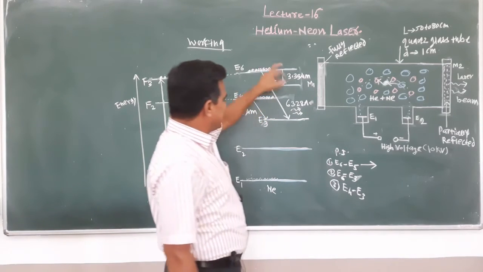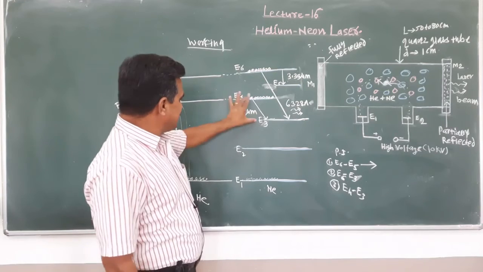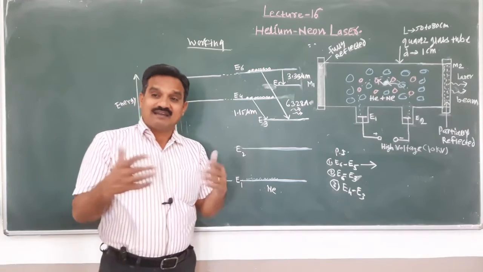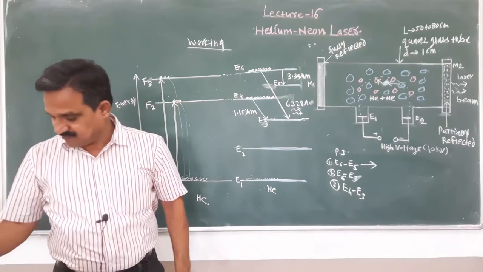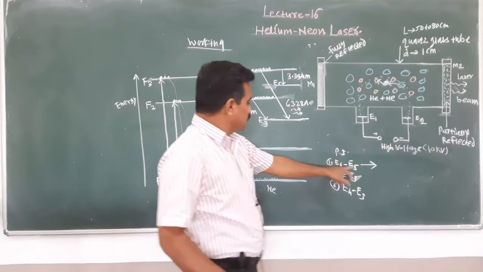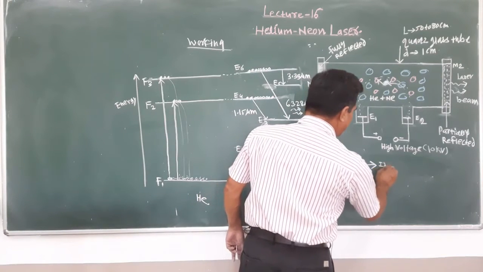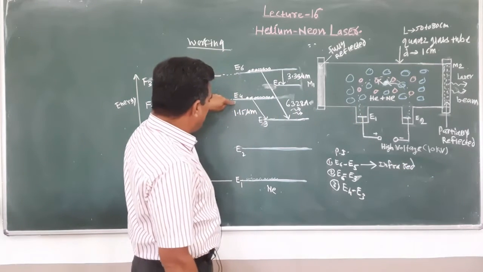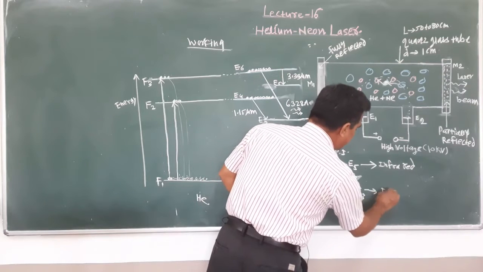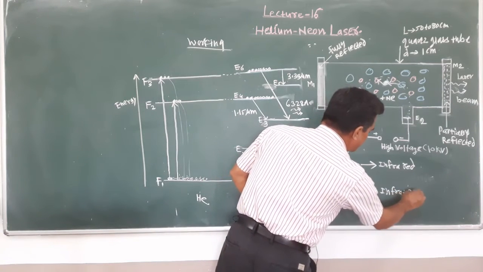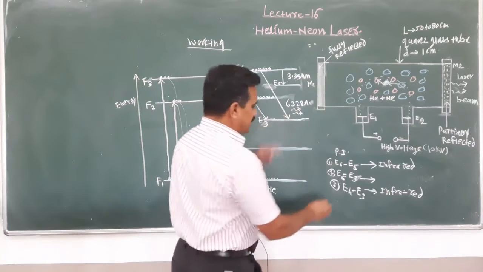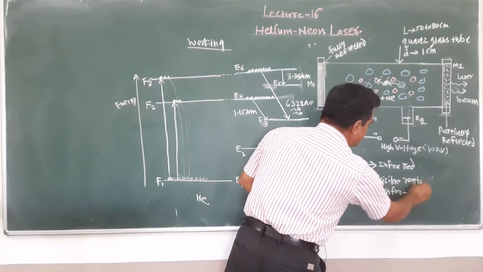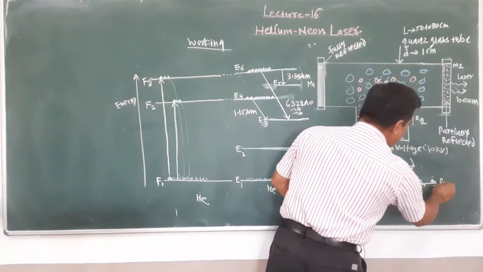But the 3.39 micrometer radiation and the 1.15 micrometer radiation, these two are in the infrared region. E6 to E5 is in the infrared region, E4 to E3 is again in the infrared region, and this radiation is in the visible region, which is generally red color.